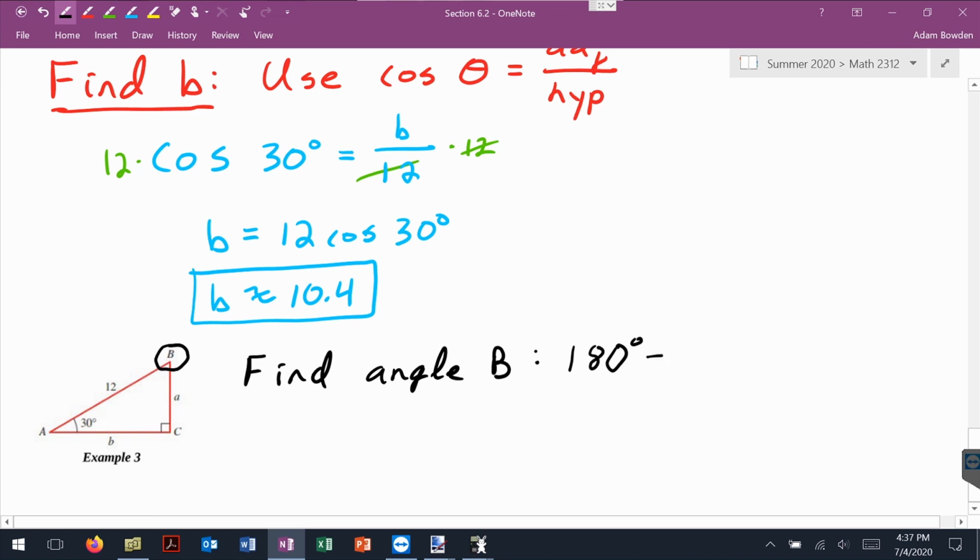And if I subtract away the angles that are known, which we know 30 degrees, and since it's a right triangle, 90 degrees, what's left over is 60 degrees. And so that would tell us what angle B is here. So now we have everything good to go. We have our side opposite, which is equal to 6, our side adjacent, which is approximately 10.4, and we've solved for all the missing pieces.